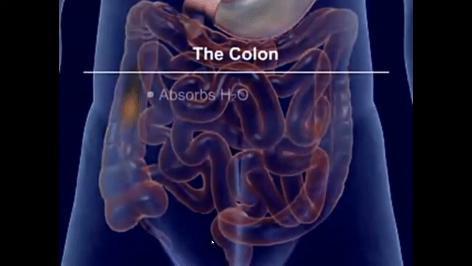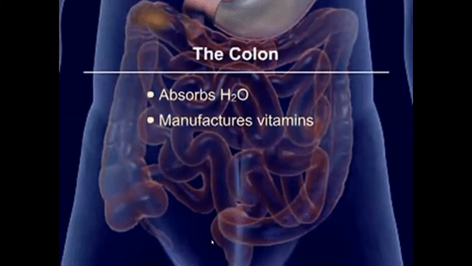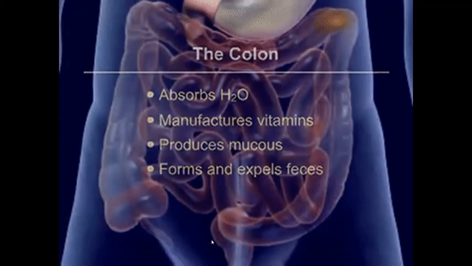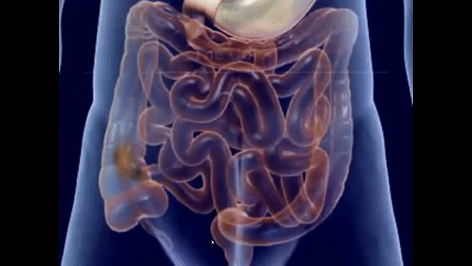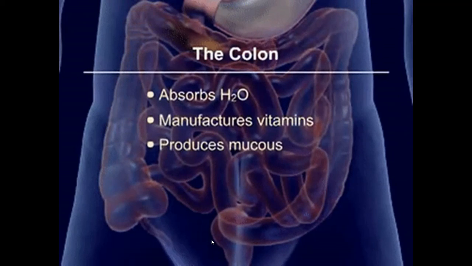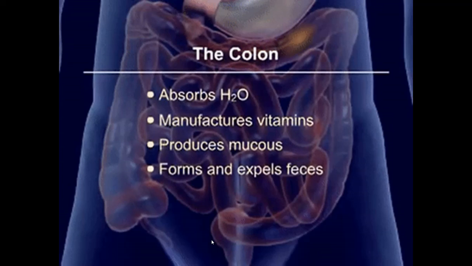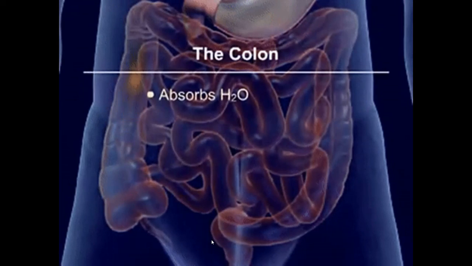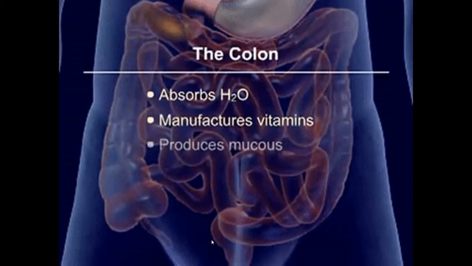The next part of the alimentary canal is the large intestine. As we have already learned, the large intestine helps in absorbing water, manufactures vitamins, produces mucus and helps in expelling the feces, the removal of waste.